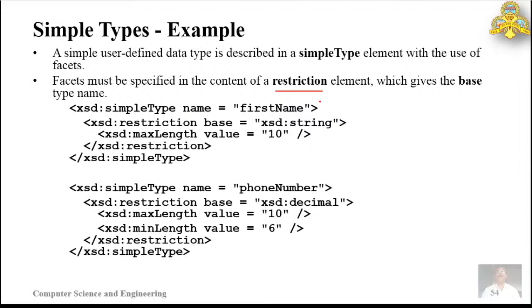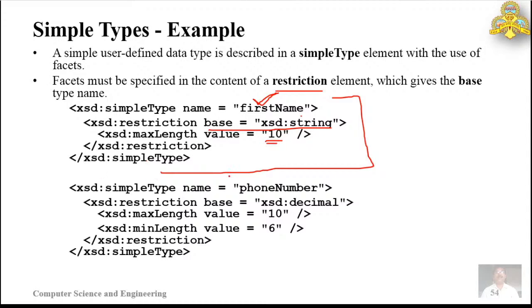For example, here first name is the element, and the base type is specified for the restriction element like this: base equals XSD string, that is string type, and in that maxLength value equals 10. That means first name is string type, and the maximum number of characters allowed to enter for first name is only 10. Maximum length here is 10.